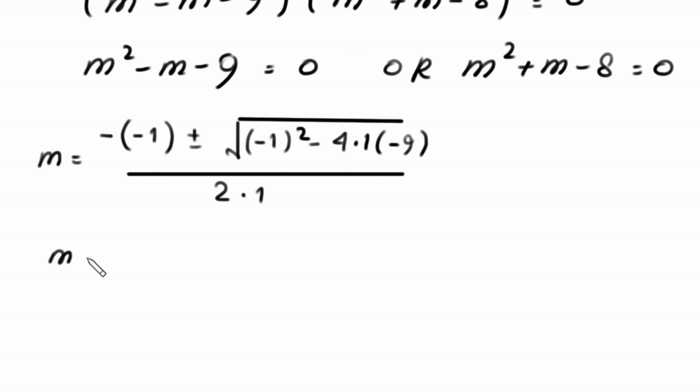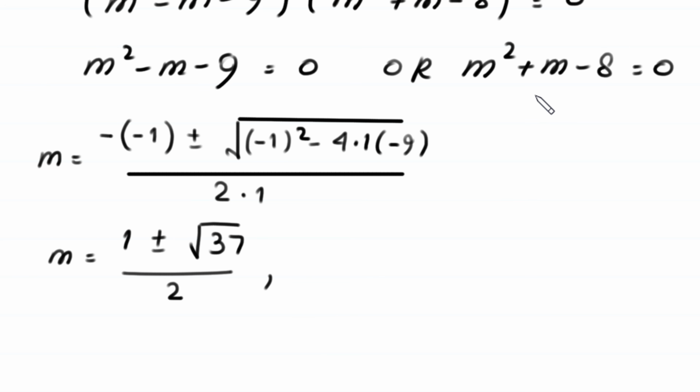Next, m will be equal to positive 1 plus or minus the square root of negative 1 squared is 1, and negative 4 times negative 9 is plus 36. 1 plus 36 will become root 37, divided by 2.